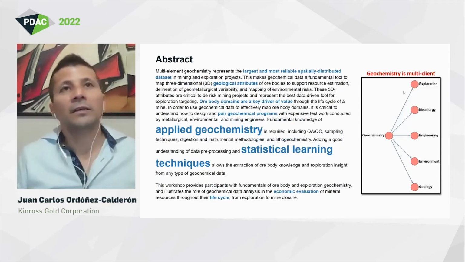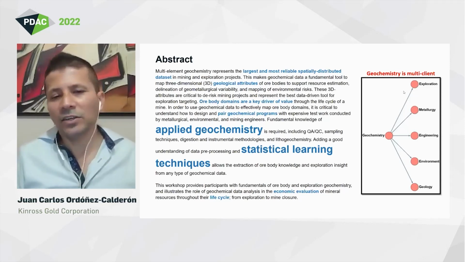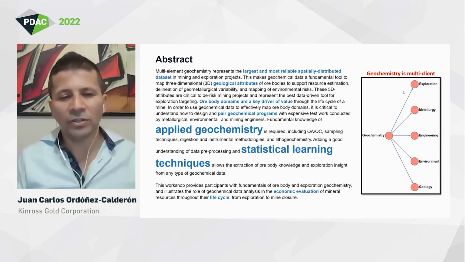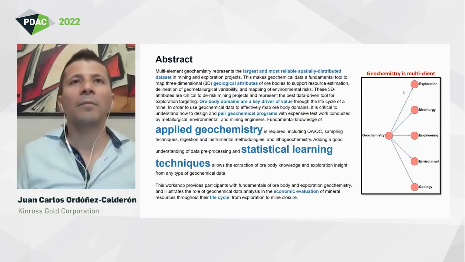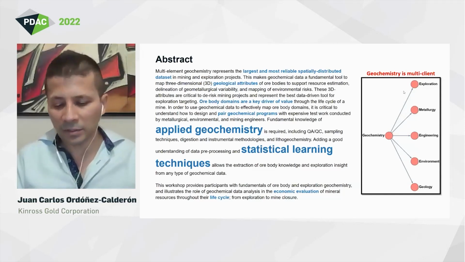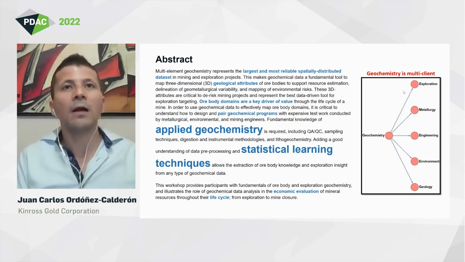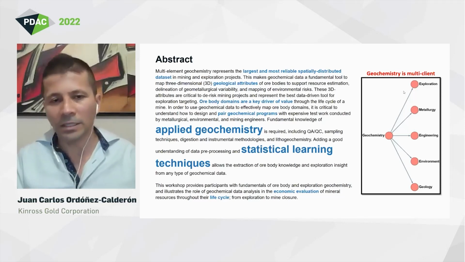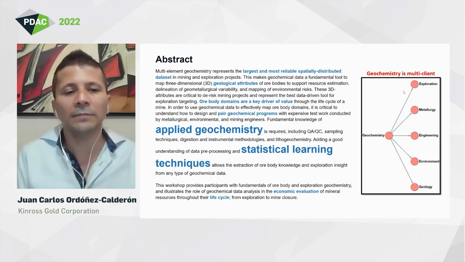In the last 10 or 7 years, we have had an incursion of machine learning applications in geosciences, and there is a lot of expectation on using these machine learning applications to solve problems in geoscience using geochemical data.